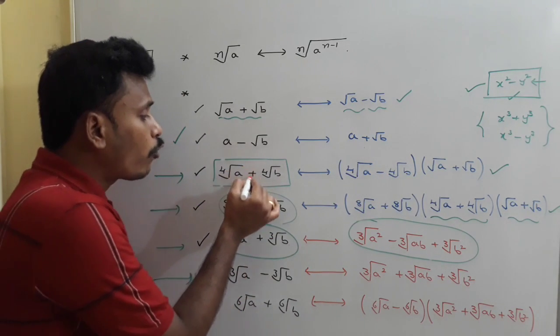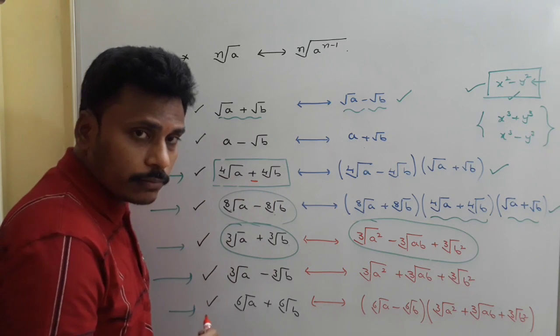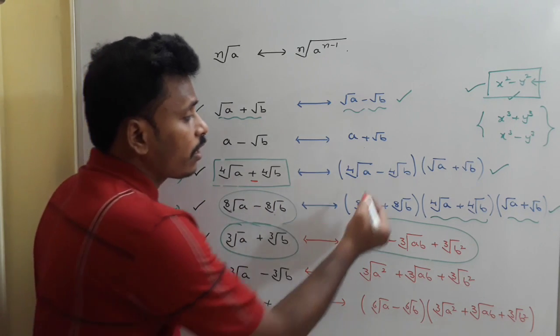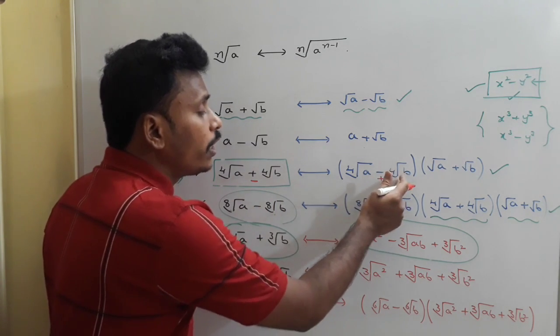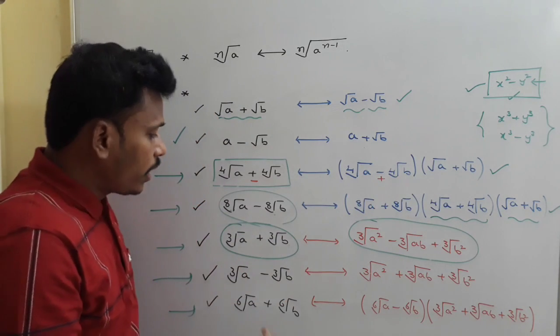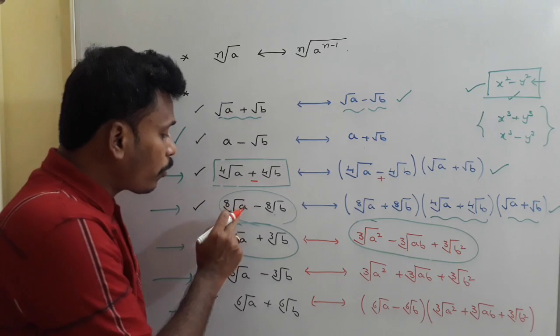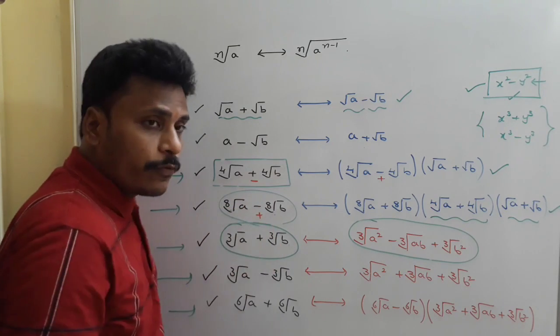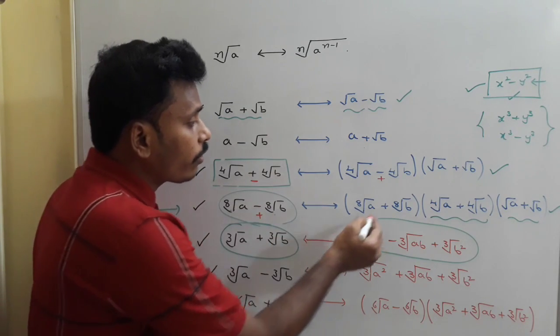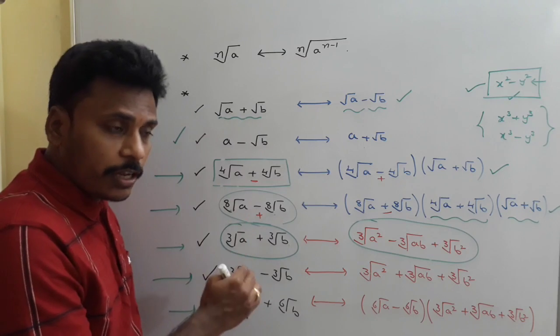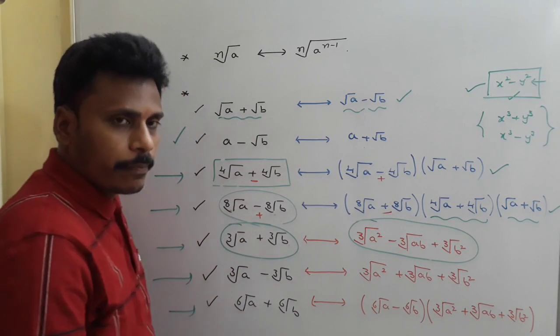Whereas if you have fourth root a minus fourth root b, then its rationalizing factor is fourth root a plus fourth root b into root a plus root b. In the same way, here I mentioned about 8th root a minus 8th root b. For suppose if you have 8th root a plus 8th root b, then you need to multiply it with 8th root a minus 8th root b in the first step, and then the other parts are the same.